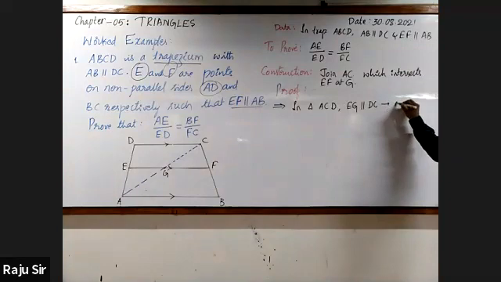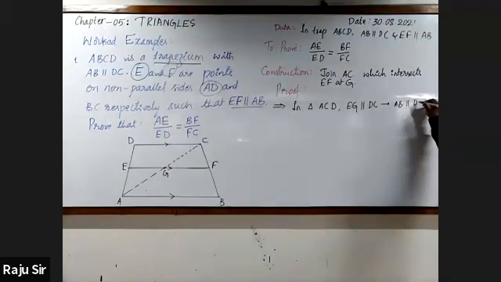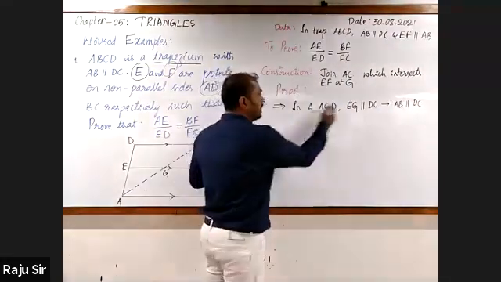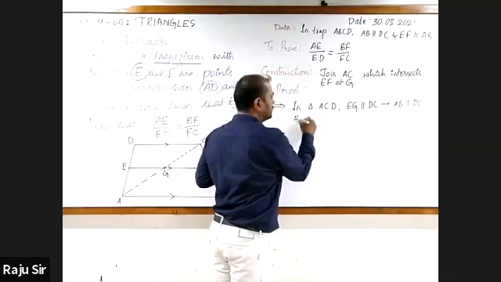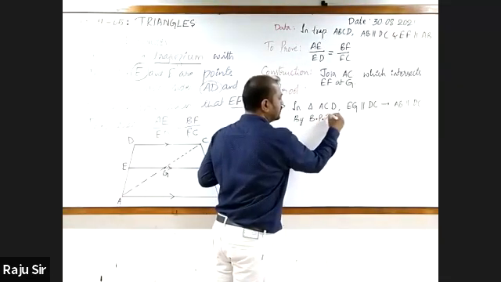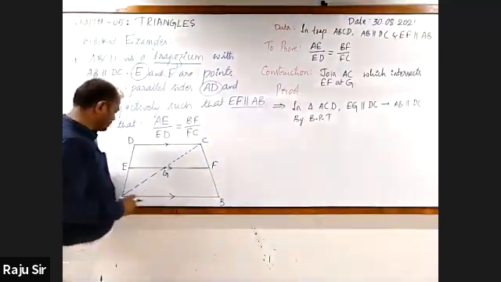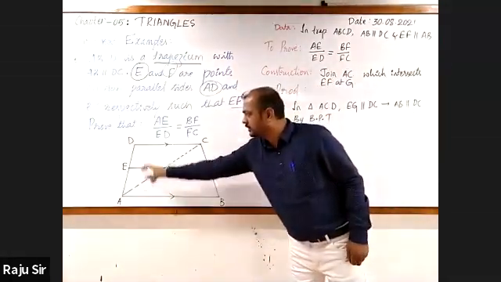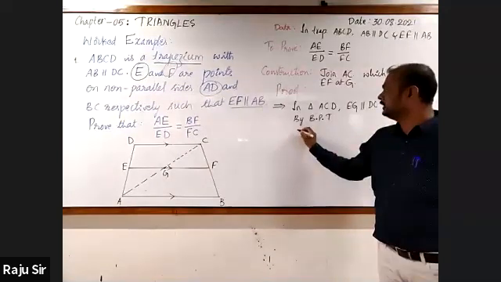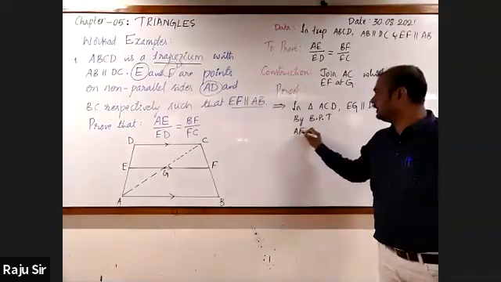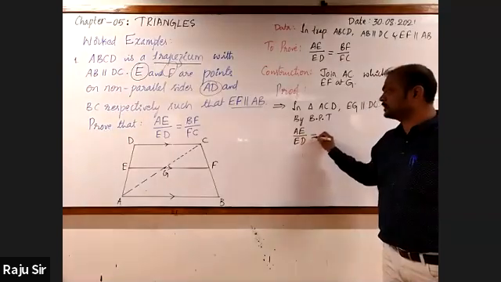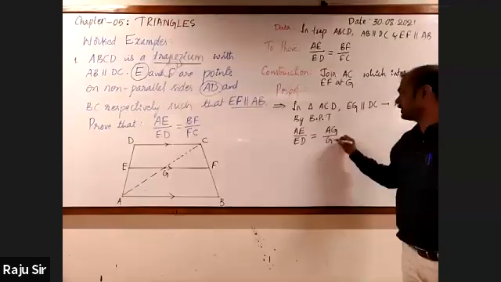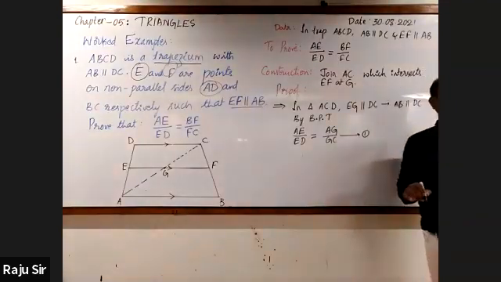As EG is parallel to DC, let me use the basic proportionality theorem or Thales theorem. By basic proportionality, AE by ED is equal to AG by GC. Call it statement 1.